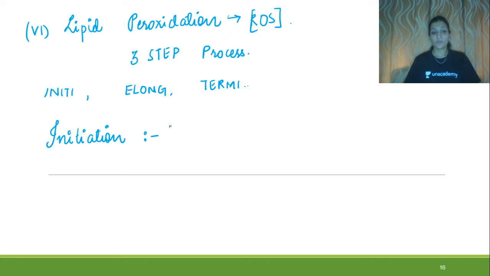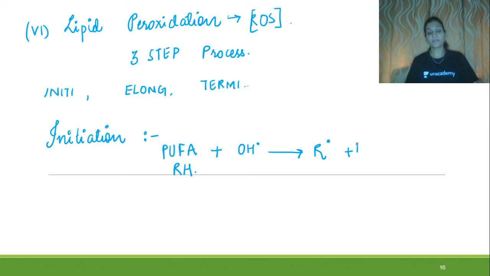Initiation. What will happen when a polyunsaturated fatty acid, also called RH, reacts with a hydroxyl ion? It will lead to the formation of a reactive carbon chain plus a water molecule.